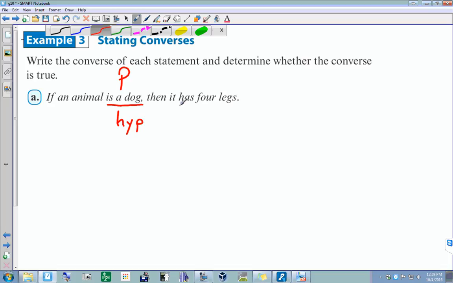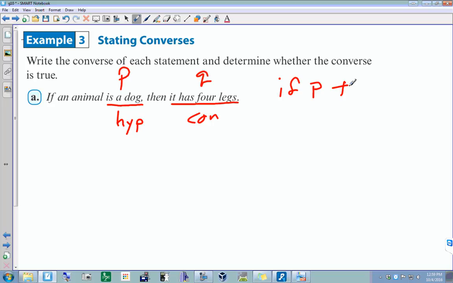So, it has 4 legs. Converse, we call that Q. So now, we said it's if P, then Q. We use P to represent some statement; we don't know what it is.